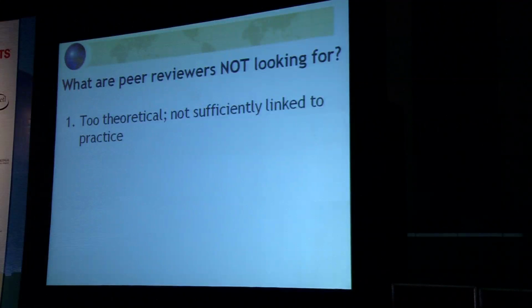Okay. Papers which I send out to peer review, when peer reviewers get back to me and say, actually, this doesn't work for the journal. One of the reasons that peer reviewers often give is the paper's too theoretical. It's not linked to practice. Somebody has written about second language acquisition, and they've done a very interesting experiment about second language acquisition, maybe using 2 or 3 learners in a laboratory situation.